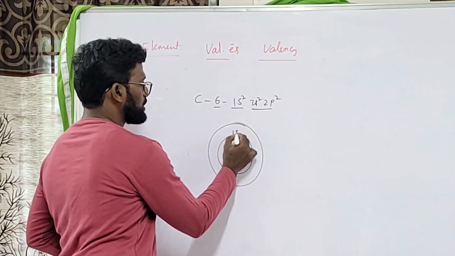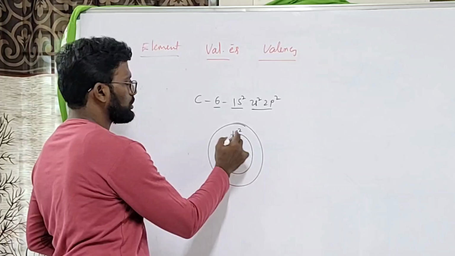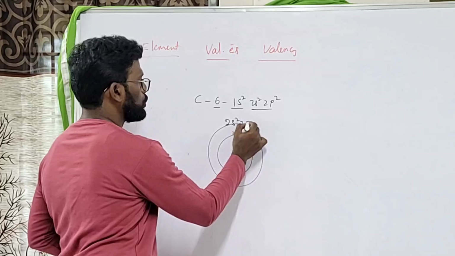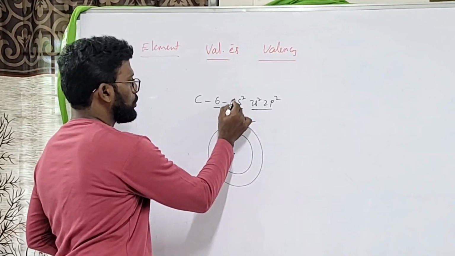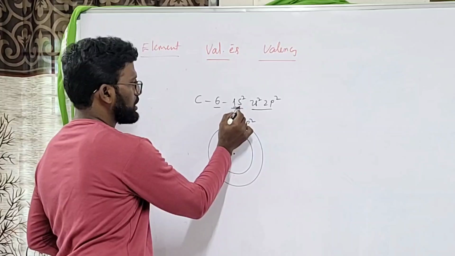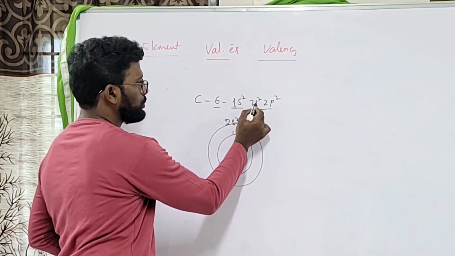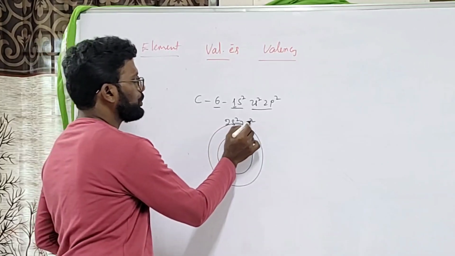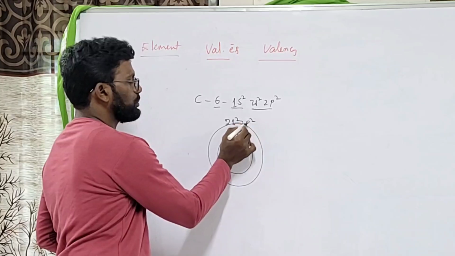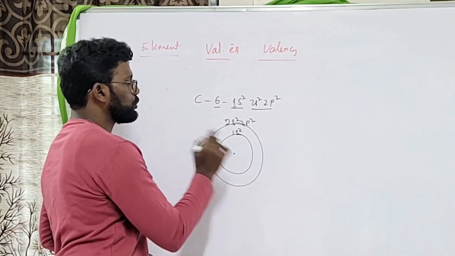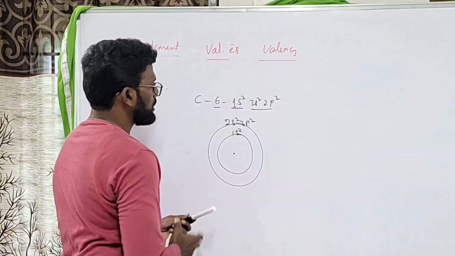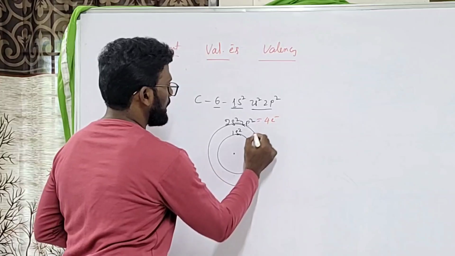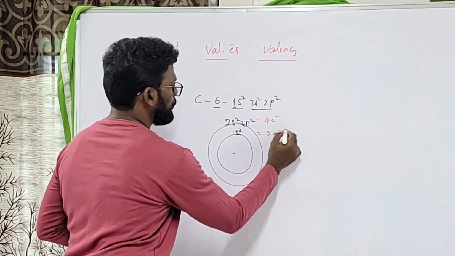Out of 6 electrons, 2 electrons are present in the first orbit and 4 electrons in the second orbit. 1s2 means 2 electrons in the s subshell of the first orbit, 2s2 means 2 electrons in the s subshell of the second orbit, and 2p2 means 2 electrons in the p subshell of the second orbit. Totally, we find 4 electrons in the second orbit and 2 electrons in the first orbit.